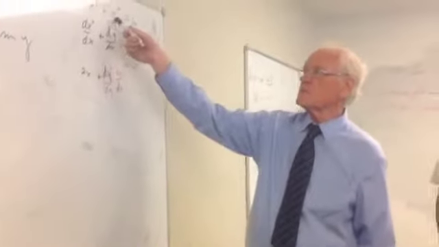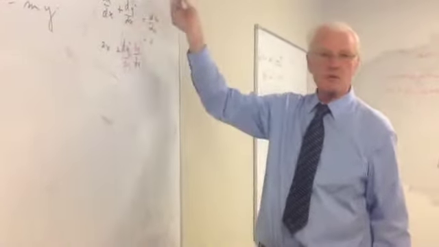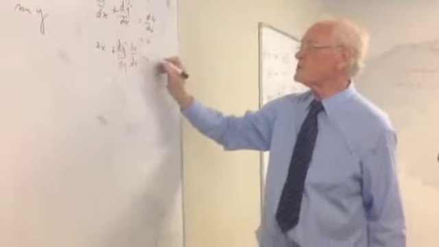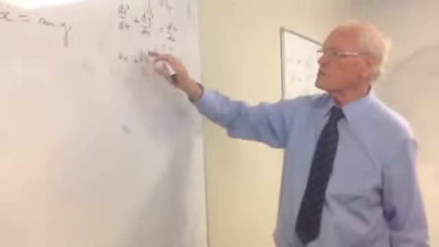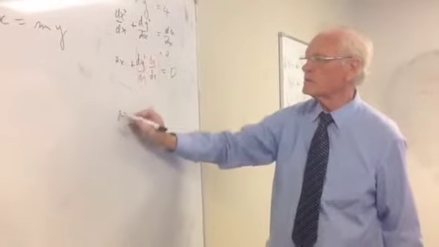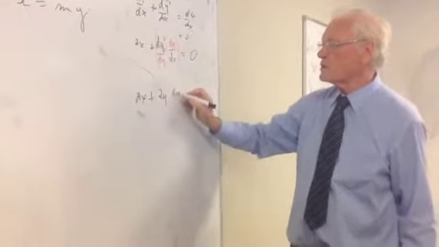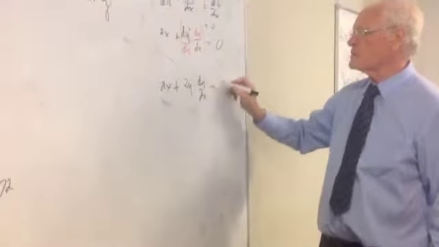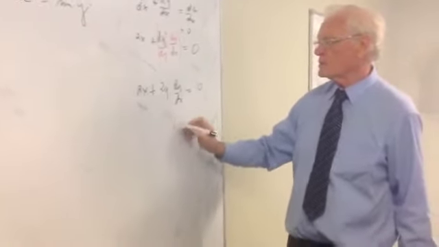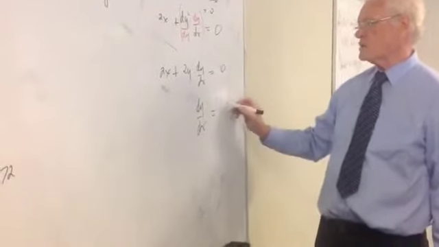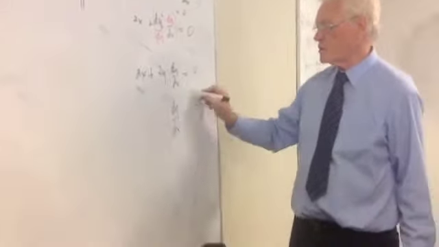Some kids would rearrange and take plus and minus the square root and all that stuff. We're just doing it here. The differential of that is 0. Now, the differential of y squared with respect to y is 2y times dy/dx, and the answer to that is 0. You put the dy/dx, the 2's cancel out, and you end up getting minus x over y.